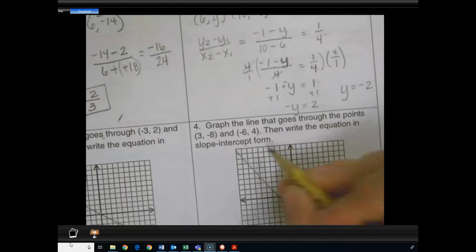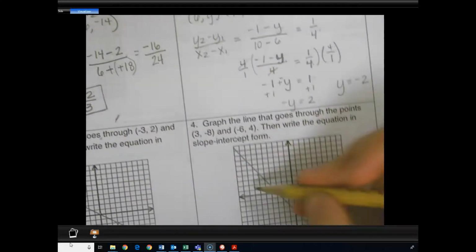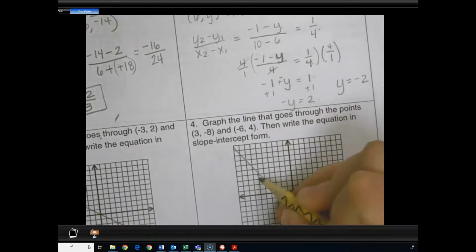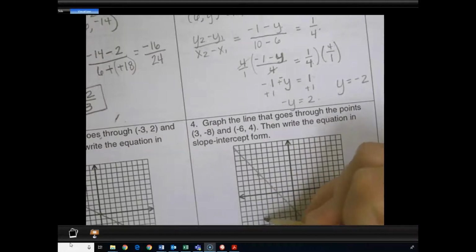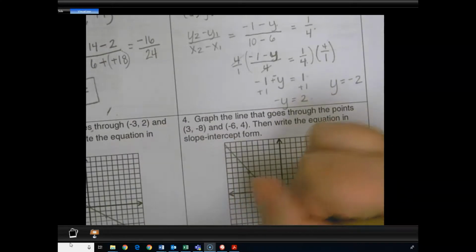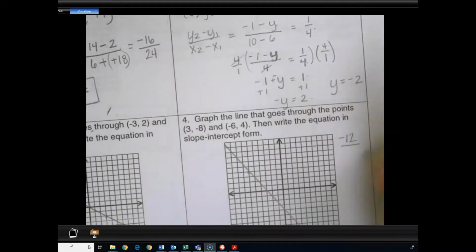Alright, so for my slope, I could just do rise over run. Rise is 1, 2, 3, 4, 5, 6, 7, 8, 9, 10, 11, 12, so negative 12 over my run of 1, 2, 3, 4, 5, 6, 7, 8, 9.